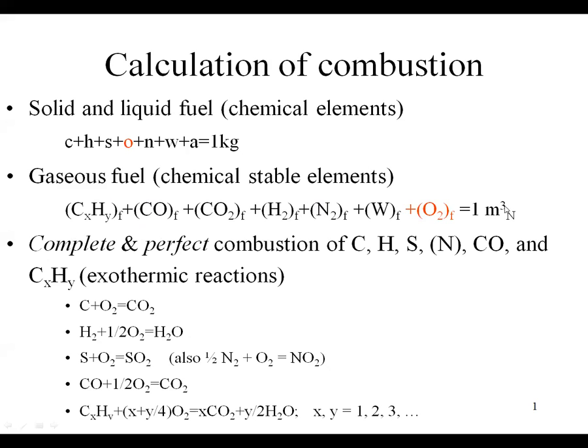This unit M3N is a unit for mass. What does it mean for a gas? 1 meter 3N is a unit of mass indicating the quantity of a gas that under normal conditions is contained in a volume of 1 cubic meter. Normal conditions are represented by 0 degrees Celsius, meaning 273 Kelvin, and 1 physical atmosphere, 1 ATM, not bar and not AT, technical atmosphere.